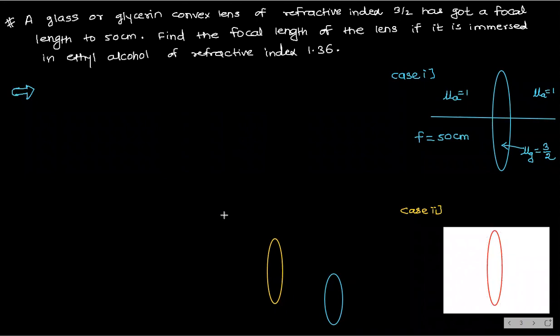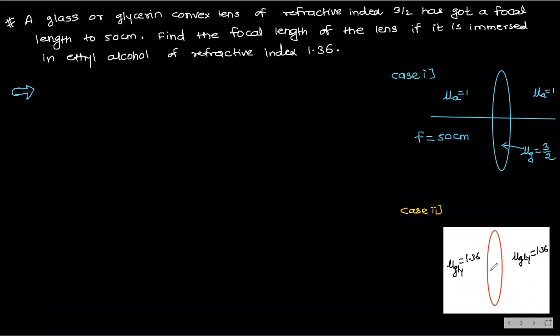In this case too, this medium is different now. Means this lens is immersed. Okay, so this refractive index of this glycerin, GLY, is equal to how much? 1.36. Here also mu GLY करेंगे 1.36, and the refractive index of this one is how much?